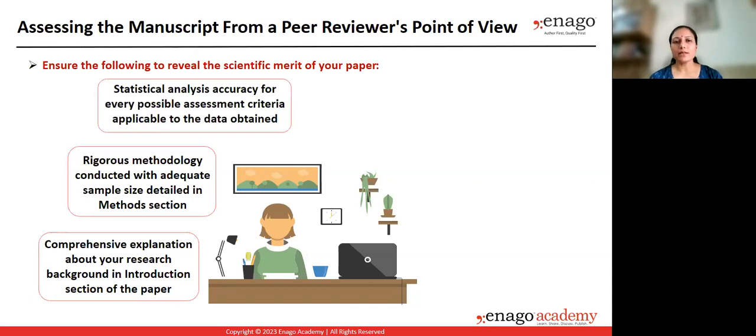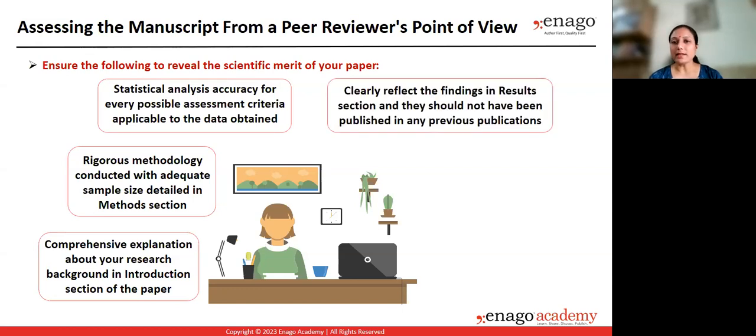Statistical analysis accuracy is a must for every possible assessment that you can conduct based on the data that you have obtained through your experiments. Please clearly reflect the findings in the results section, and remember, they should not have been published in any of your previous publications.